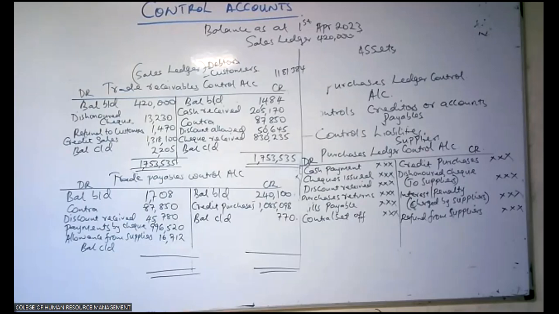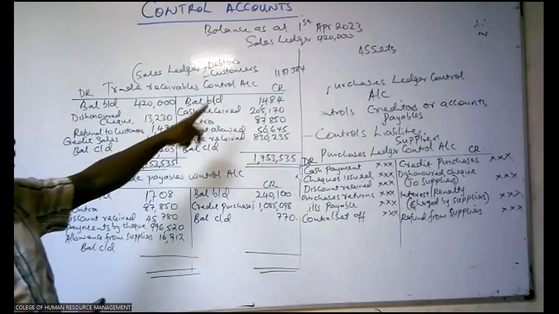What is the difference? Mwalimu, my totals are quite different from what you have put. Which total? Both? For the trade receivables control account, both the debit and the credit.